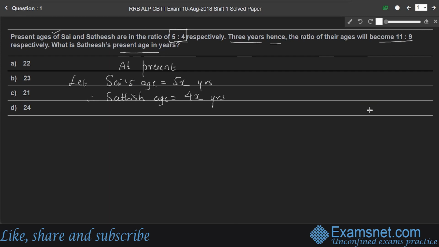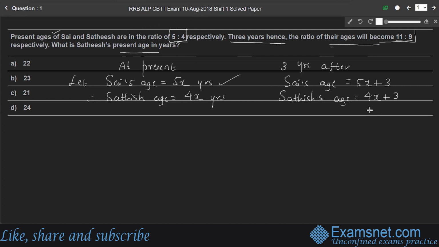It is given that 3 years hence, 3 years after, the ratio of their ages will become 11:9. So 3 years after, what will be their ages? Sai's age becomes his present age 5x plus 3 years, whereas Satish's age becomes 4x plus 3.